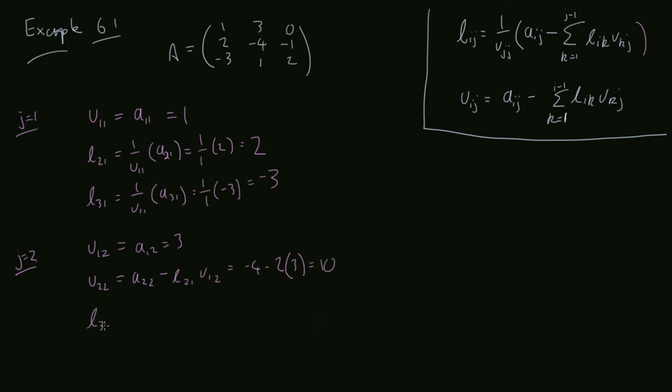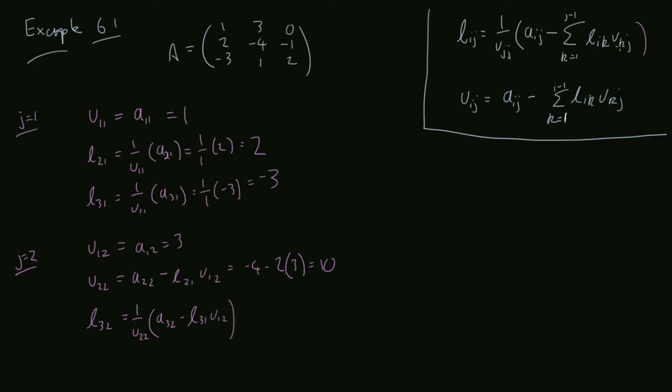And L32, so we're looking at this element now, which is in the lower triangular portion of A. So I'm going to use this equation. So we have 1 over U22 times A32 minus that summation, which is L31 U12.